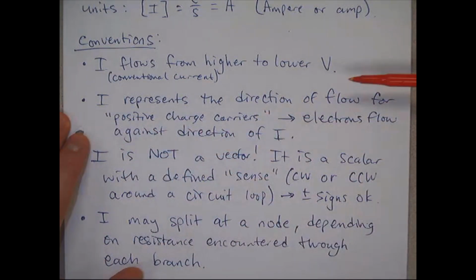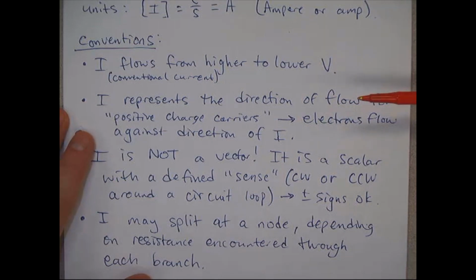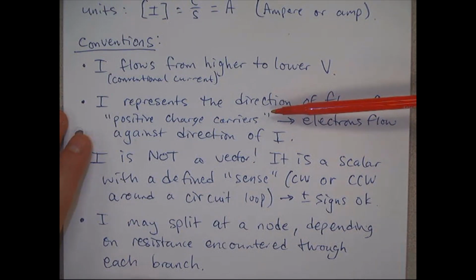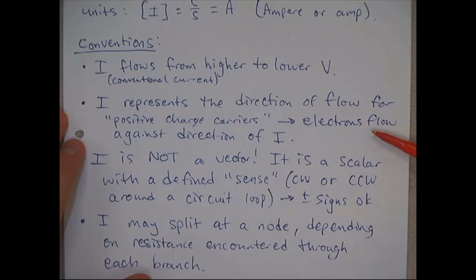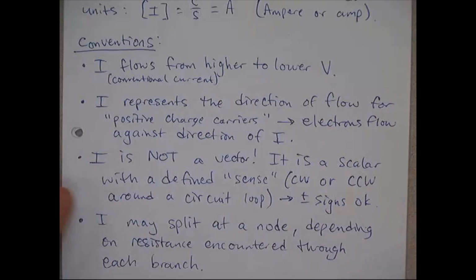Current represents the direction of flow for positive charge carriers. Unfortunately for us, the historical definition of current is such that the things which are actually moving in the wires, the electrons, which have a negative charge, are actually flowing against the direction of the conventional current.